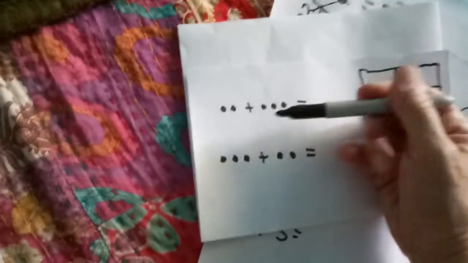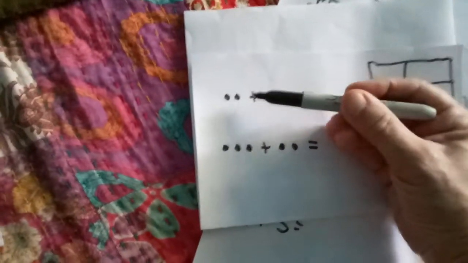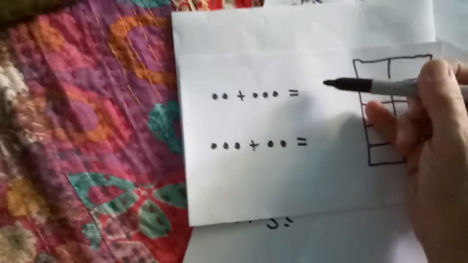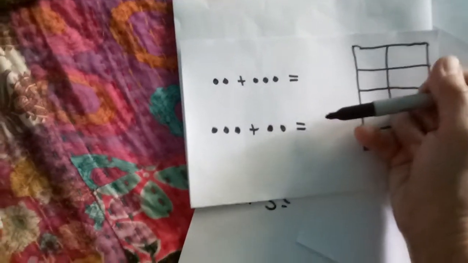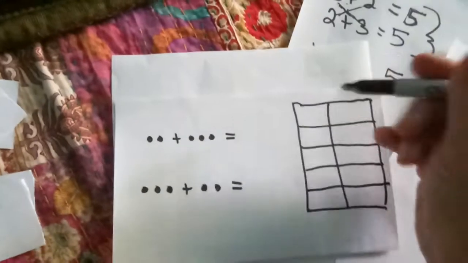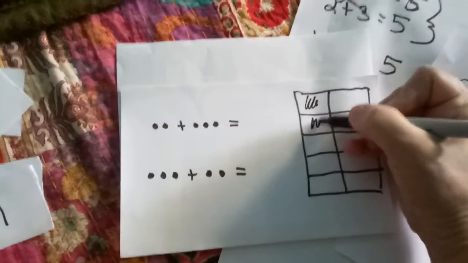One of the other ways that they could do this is by making dots. Okay? So in this case, it's using 2 and 3. So 2 plus 3, and they can count them. 1, 2 plus 3 equals 5, or 3 dots plus 2 equals 5. Over here, what they can do, color 2 squares. 1, 2.